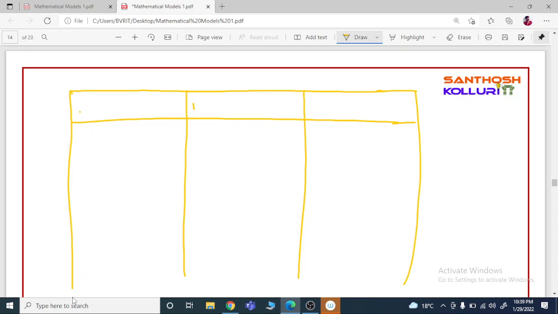So I am writing here mechanical rotational systems. So this side I am writing electrical, this side also I am writing electrical.